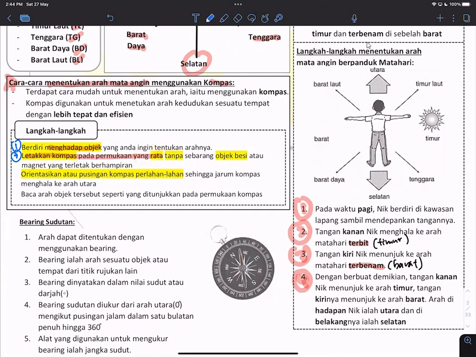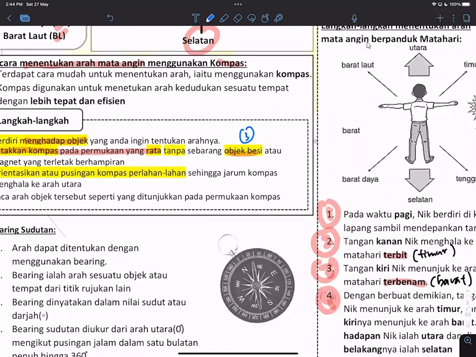So the third one, yeah, put a 3 here. We have to stay away from any object bersih. So guys, highlight, yeah, menjauhi. So that's why tanpa magnet yang berhampiran, which means we have to menjauhi object bersih.